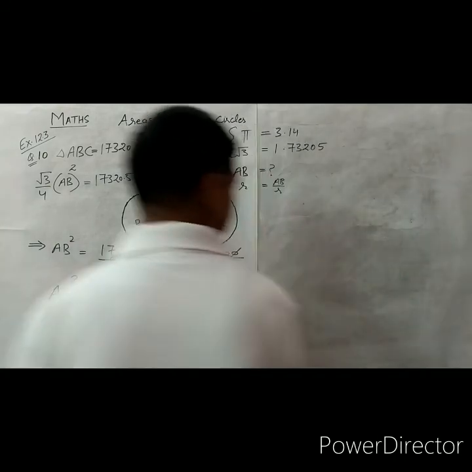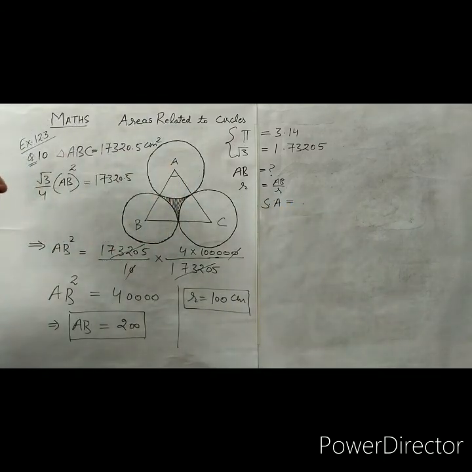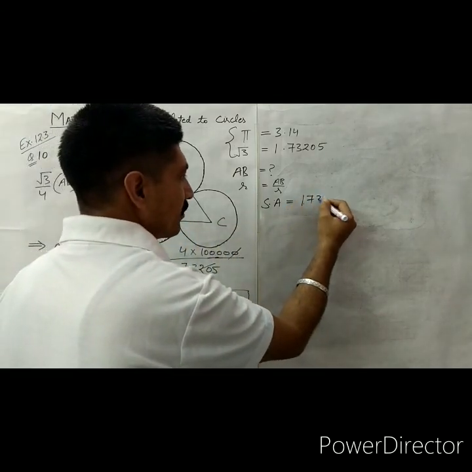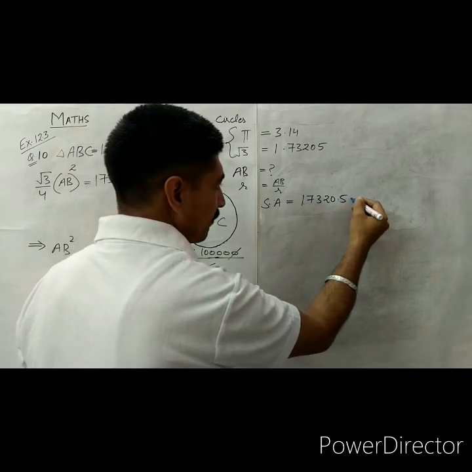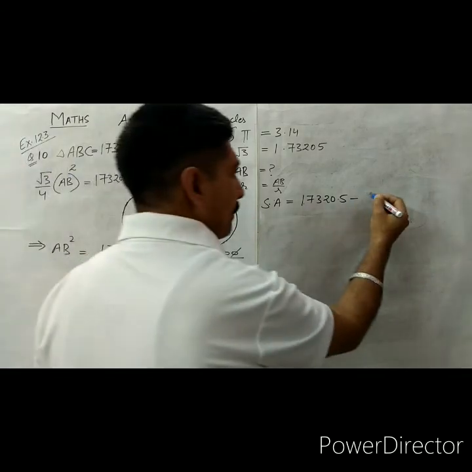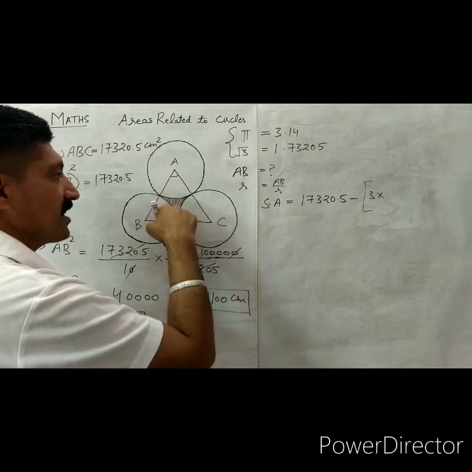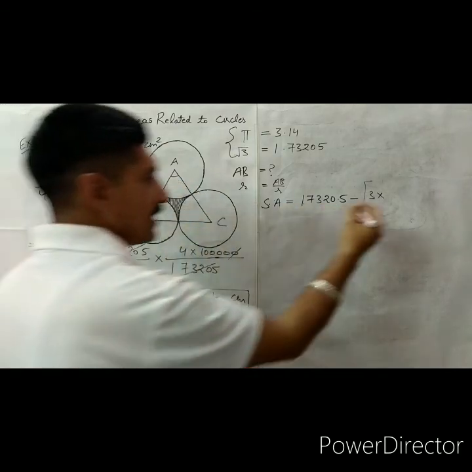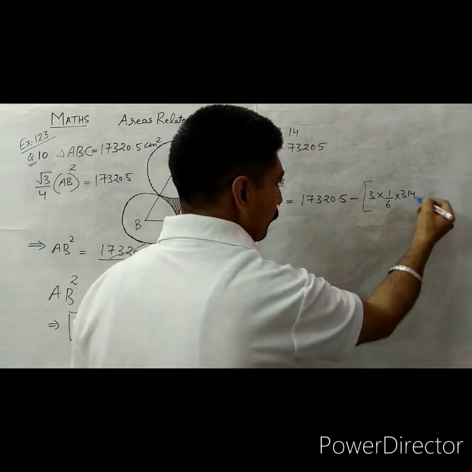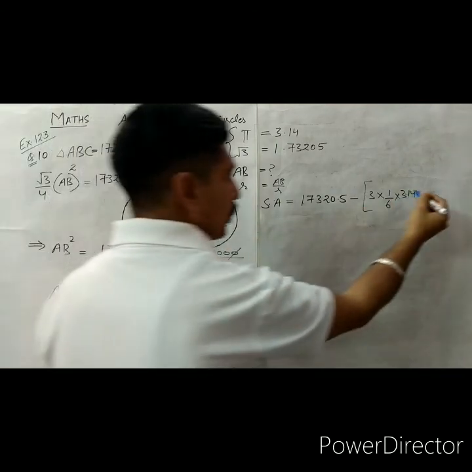Now the shaded area is equal to the area of the triangle, that is 17320.5, minus three sectors, so we multiply by 3, theta upon 360, that is 60 upon 360, which is 1 by 6, times pi 3.14, times R square, 100 into 100.